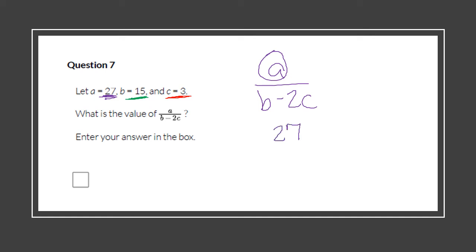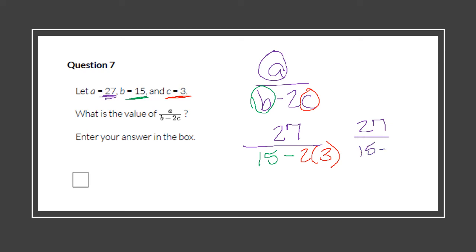That's 27 over b. That's 15 minus c, or 2 times c, sorry. So 2 times 3 is the value they gave us for c. So now the top, I can leave it alone.